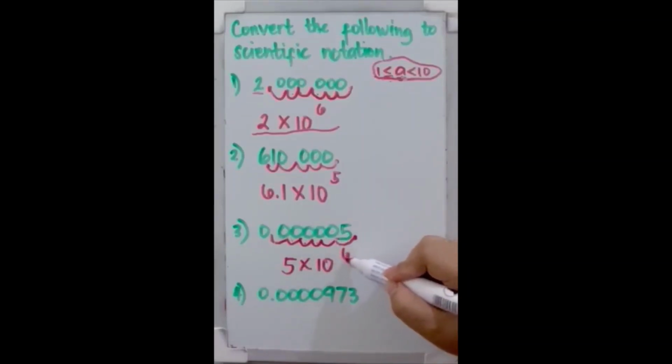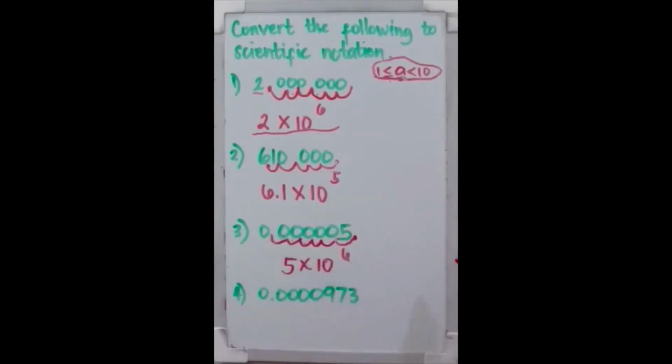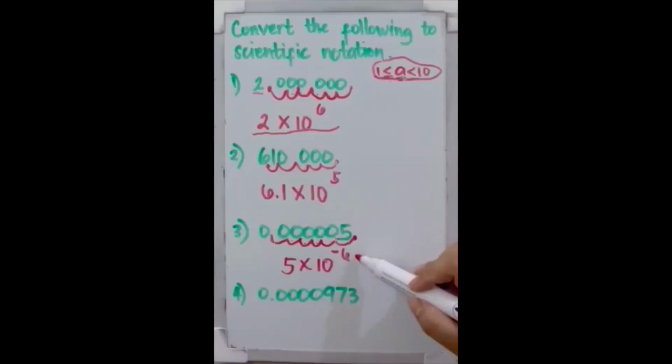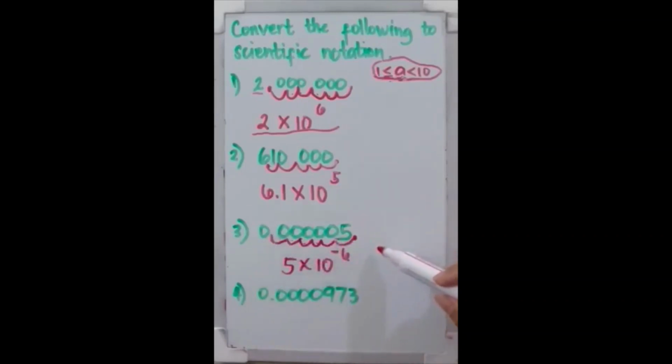So it's 6. And since you moved the point going to the right, it will be a negative exponent. So your coefficient is 5, while the exponent is negative 6, because you have moved the point going to the right and you have a decimal number. So the final scientific notation is 5 times 10 raised to the power of negative 6.